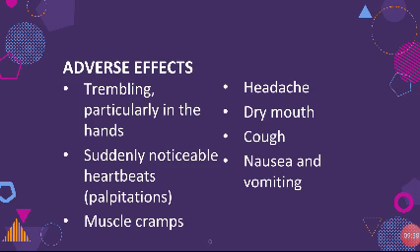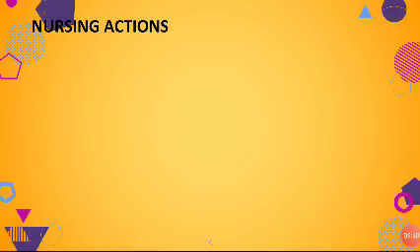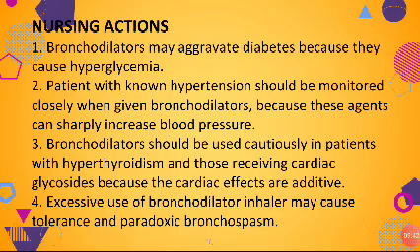The next one are the nursing responsibilities that every nurse must consider. First is that bronchodilators may aggravate diabetes because they cause hyperglycemia. It has been shown in studies that beta-2 agonism causes glycogenolysis and gluconeogenesis that raise glucose levels, especially in large doses.